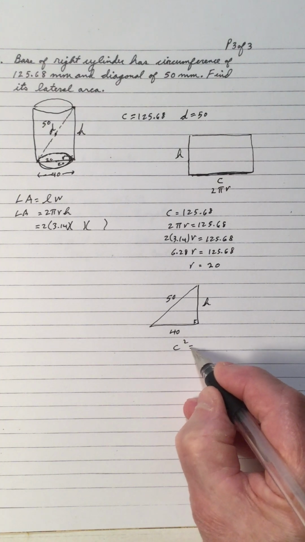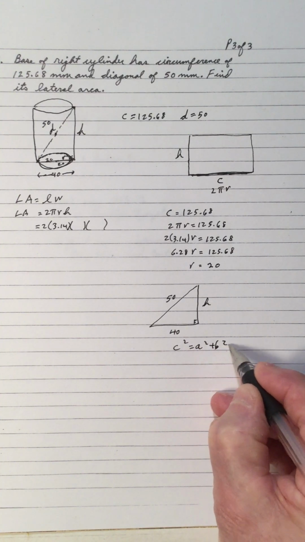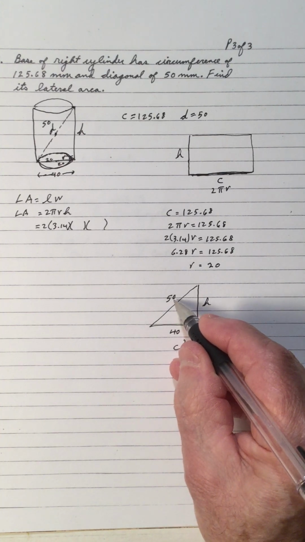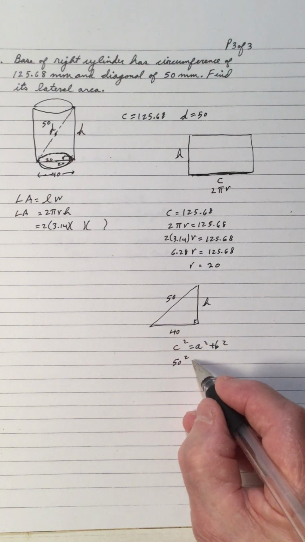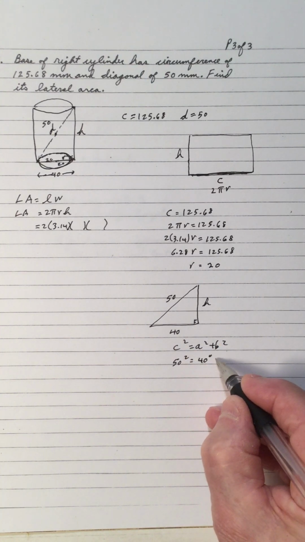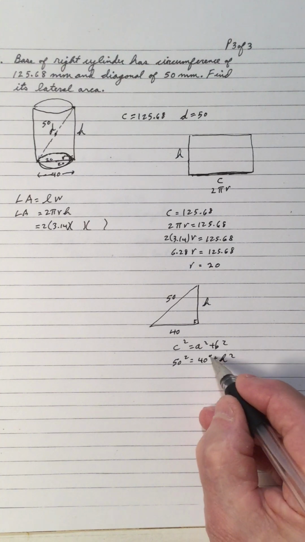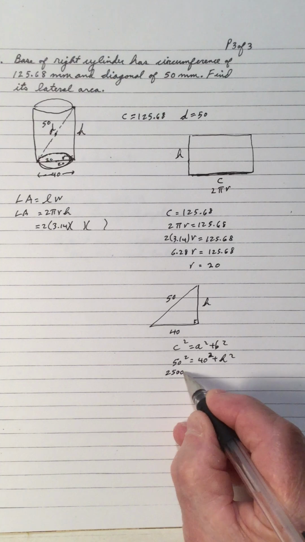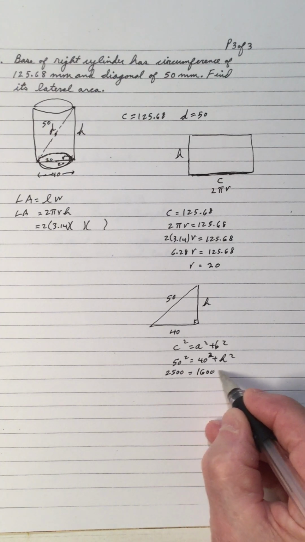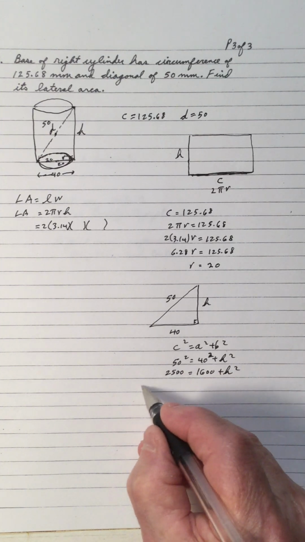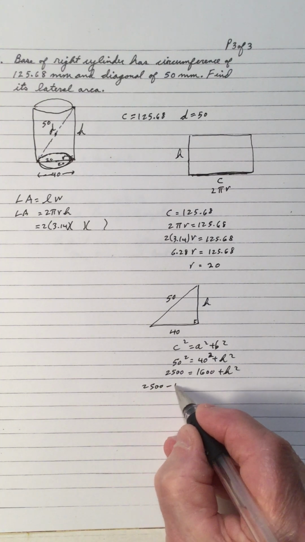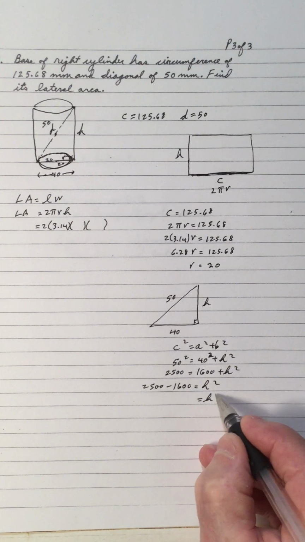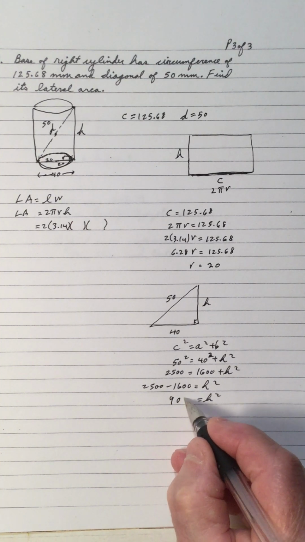So c squared is a squared plus b squared, where c is the length of the hypotenuse opposite the right angle. 50 squared is 40 squared plus h squared. So that's 2,500 equals 1,600 plus h squared. So 2,500 minus 1,600 is equal to h squared. So h squared is 900.